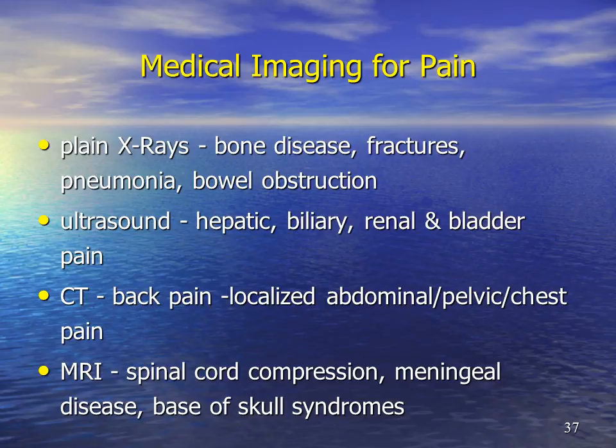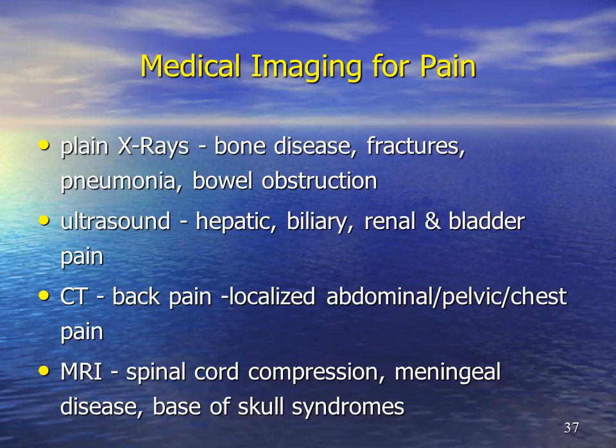Obviously, fractures can be picked up usually fairly clearly on plain x-rays, and then chest x-rays and abdominal films looking for evidence of chest infection, perhaps even pneumothorax, and then abdominal films looking for confirmation of bowel obstruction.